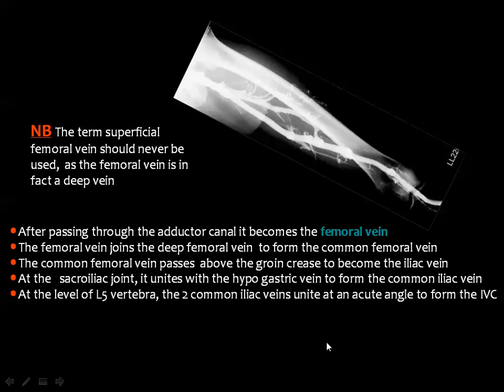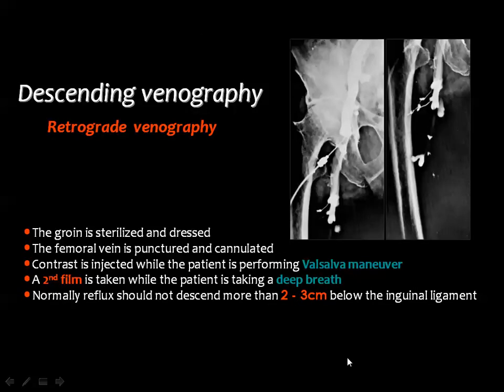Then there is no superficial femoral and deep femoral veins. The superficial femoral vein is the femoral vein, the original one, and this is the deep femoral vein, which corresponds to the profunda femoris artery. And descending venography is a retrograde one.